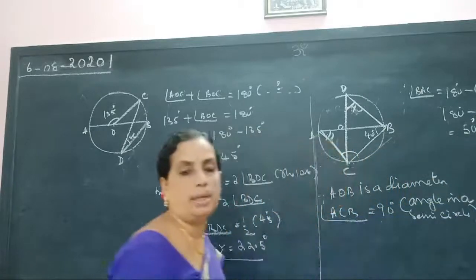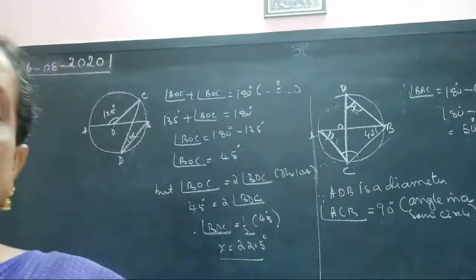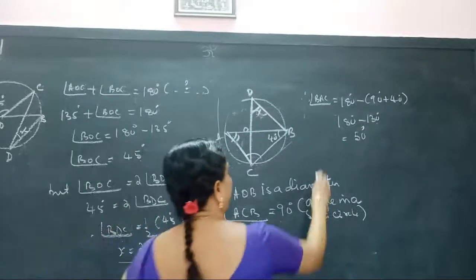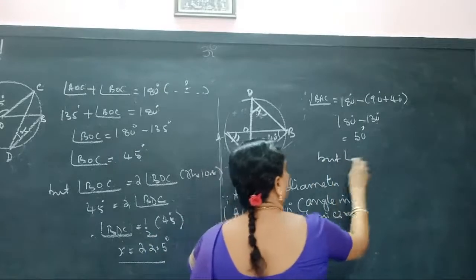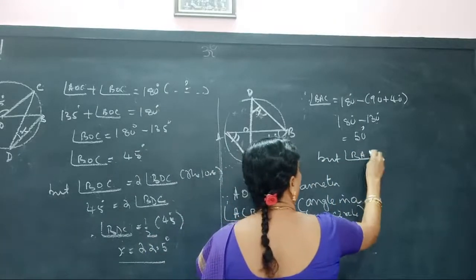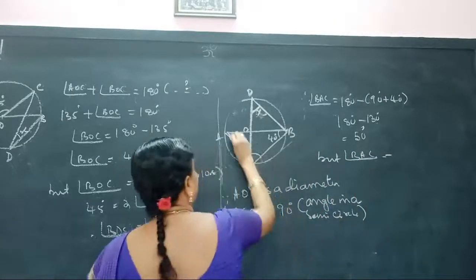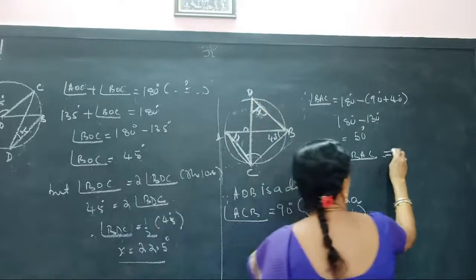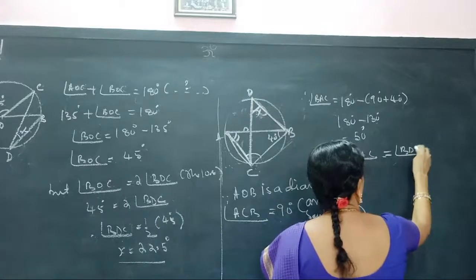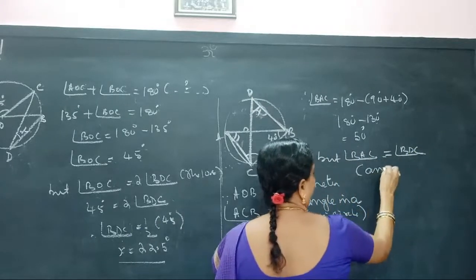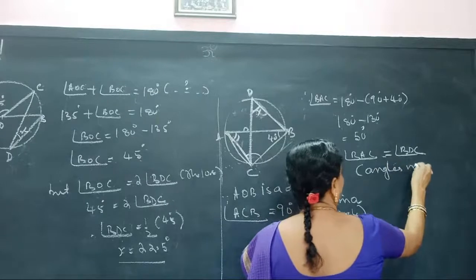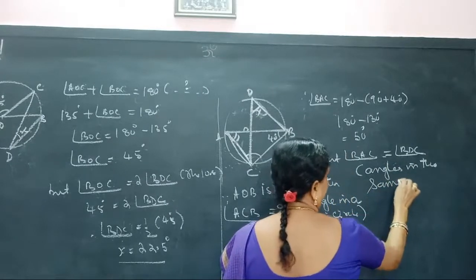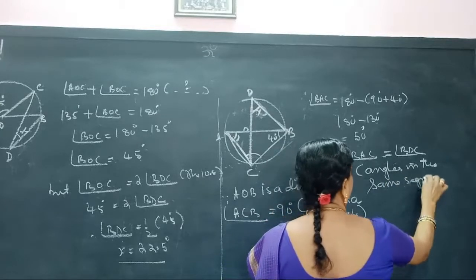Getting angle BAC as 50 degree, then mention which are the two angles in the same segment. Angle BAC equals angle BDC, right? The reason, angles in the same segment.